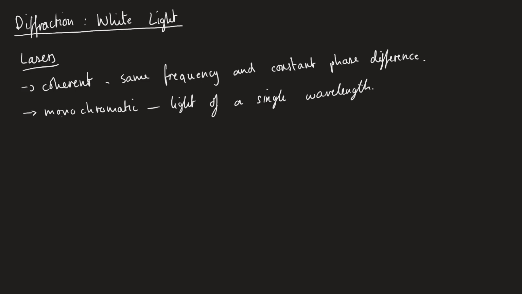Now, if we were to replace this light source with a regular household light bulb that's emitting white light, white light, we should know, is a mixture. White light consists of multiple wavelengths.